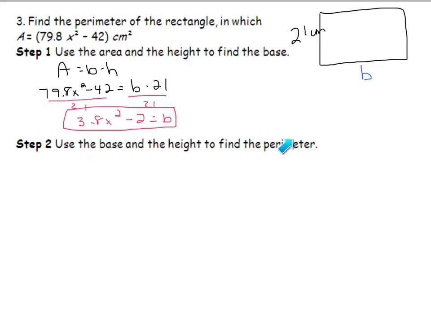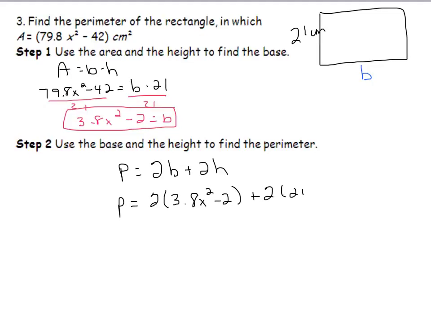Now remember, perimeter is 2 times the length, or base, and then 2 times the height, or width. So let's plug it in. Perimeter is 2 times, well, I have 3.8 x squared minus 2 plus 2 times, and we said the height is 21. Now all I have to do is clean it up.